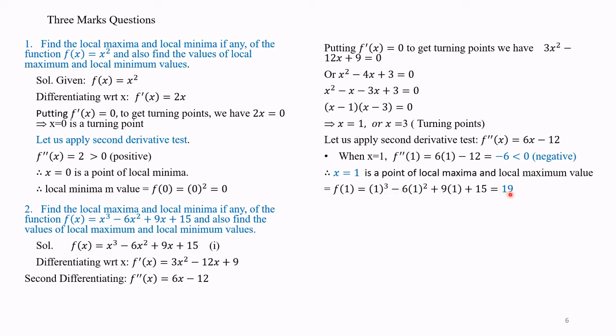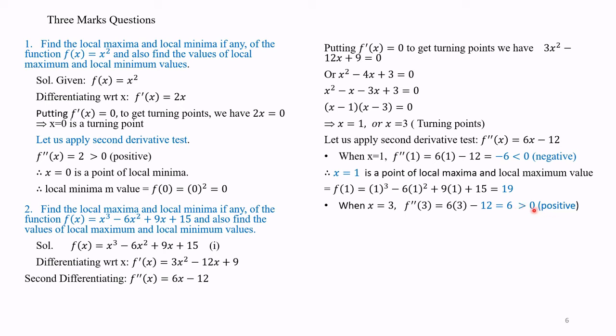Now we will take x equal to 3, the second turning point. When x is equal to 3, we get f''(3) as 6 × 3 − 12, so it is 18 − 12 equal to 6, that is greater than 0, or positive.